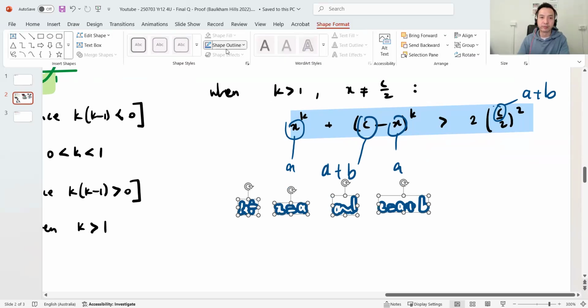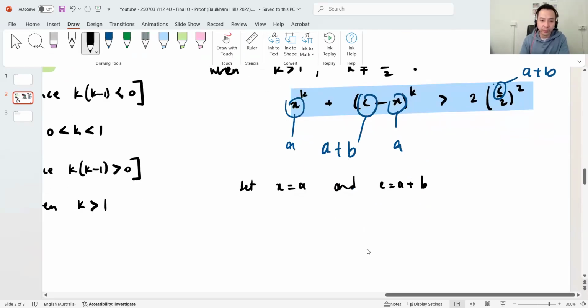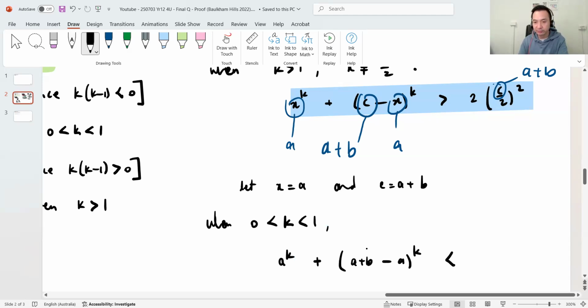So then, when k is between 0 and 1, I then have A^k plus (A plus B minus A)^k is less than 2 times ((A plus B) on 2) to the power of k. Just check that.